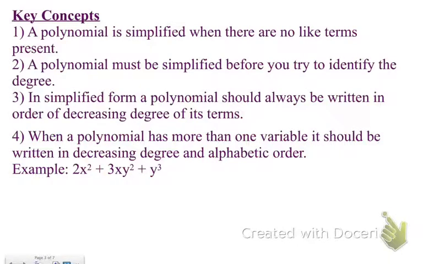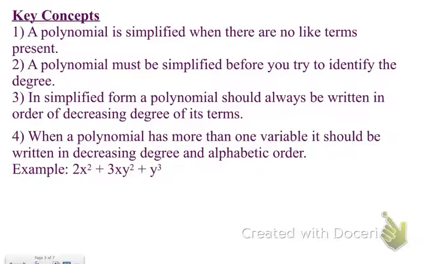Our key concepts: a polynomial is simplified when there are no like terms present, so you've combined all the like terms. It must be simplified before you try to identify the degree. A simplified form should always be written in order of decreasing degree of its terms, so that's sort of why in number 2 it has to be simplified first.